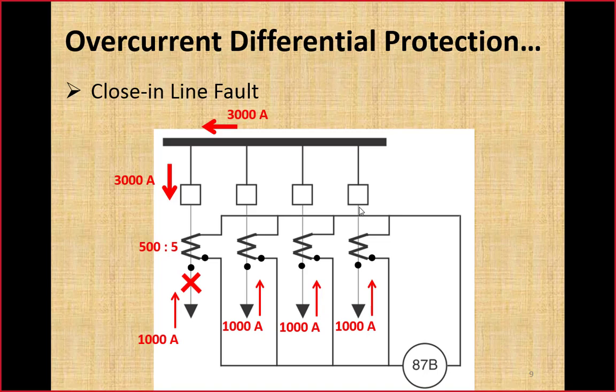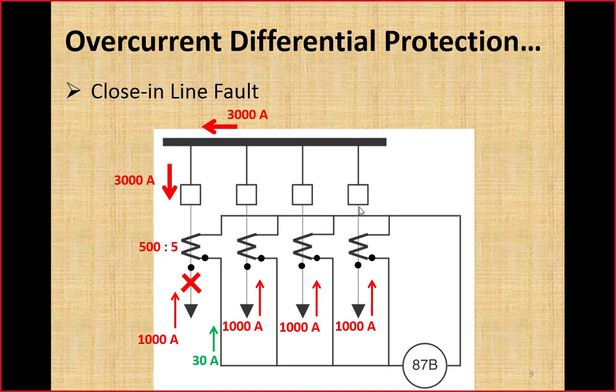Now by using this polarity marking and the direction of fault current in the primary, in the first circuit this would be the direction of fault current on the secondary side, because fault current in the primary circuit is flowing away from the dotted end. So fault current on the secondary side will be towards the dotted end. That is 30 ampere, because the CT is stepping down current by 100 times, so 3000 becomes 30 ampere in the secondary circuit.